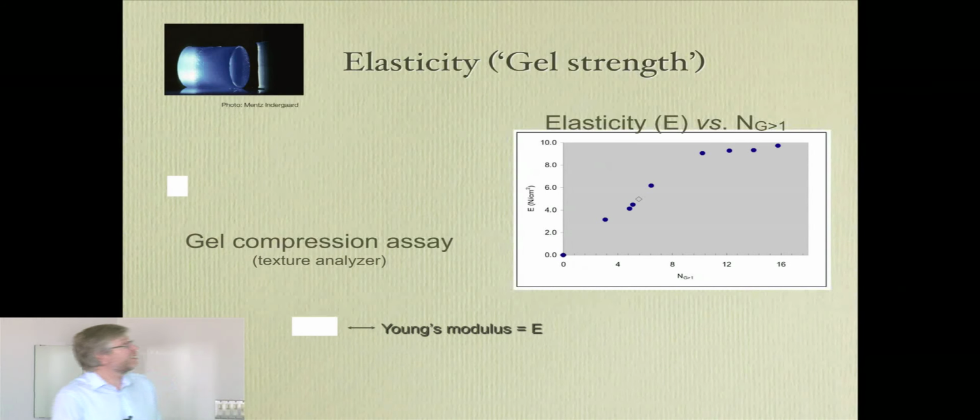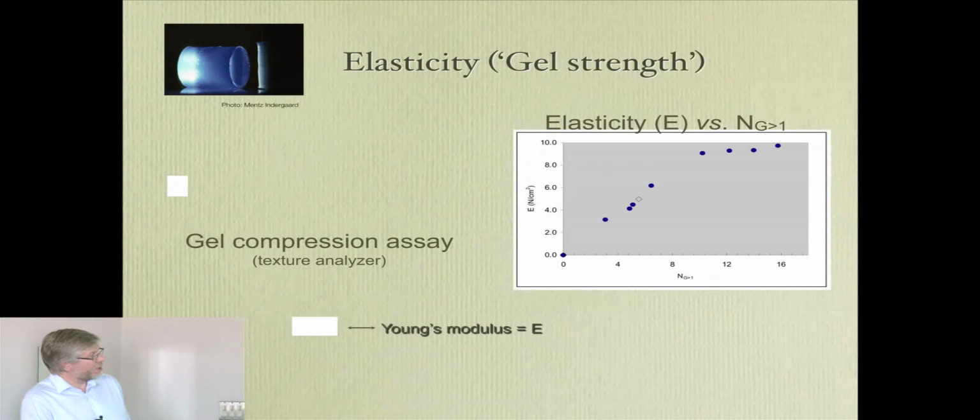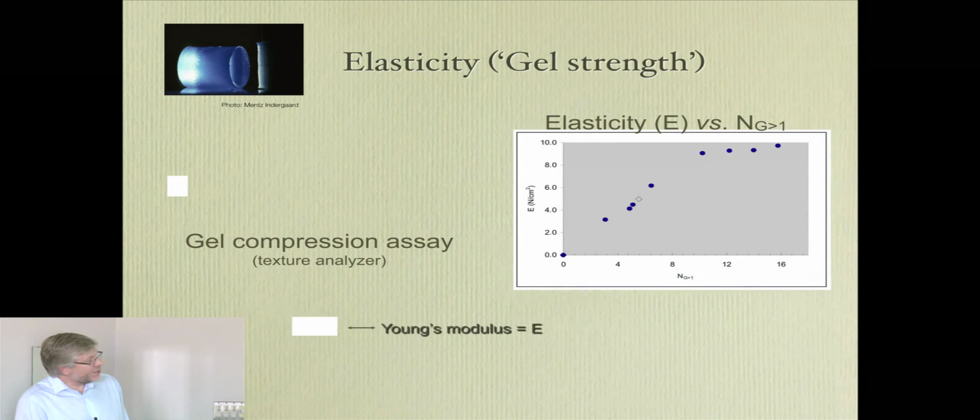So we make a gel cylinder, and we apply a force, observe a change in dimension, and make a simple plot of the force per area, and this should be the relative compression. And this initial tangent is often called Young's modulus and has been given the symbol E.